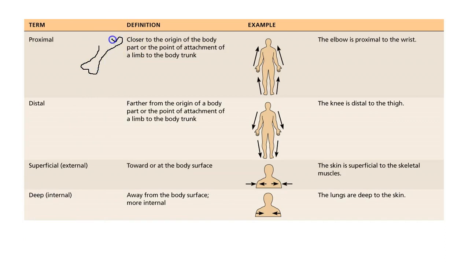These are ugly, but whatever. So I'm just going to draw the person too. So that's a person. And just ignore that. So then you have your radius, and your ulna.